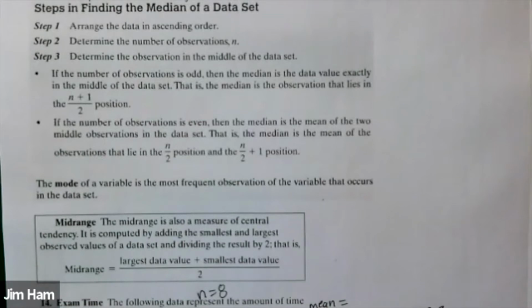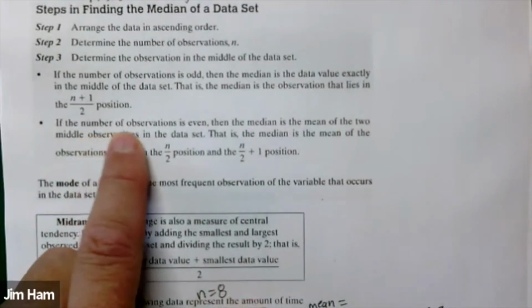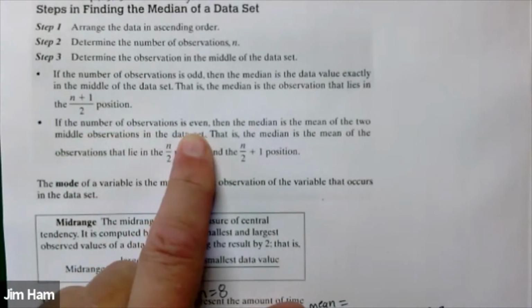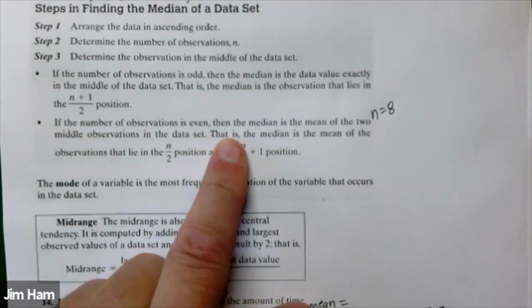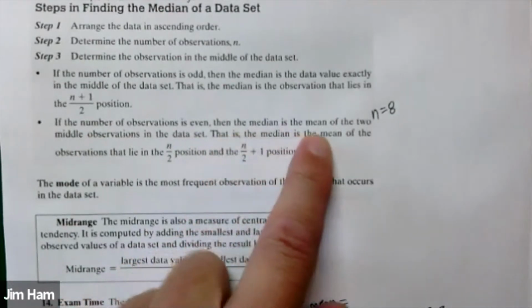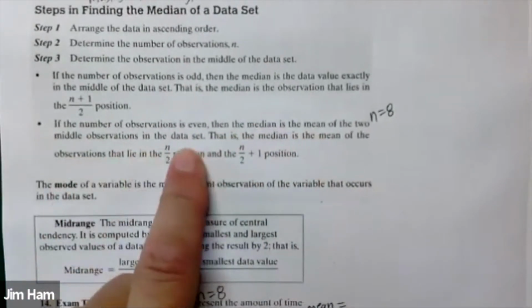All right, let me just go through this definition just so you have an example and you know what it means. We're down here because the number of observations is even. So we do know that n is equal to 8. We have 8 data values. The median is the mean of the two middle observations in the data set.